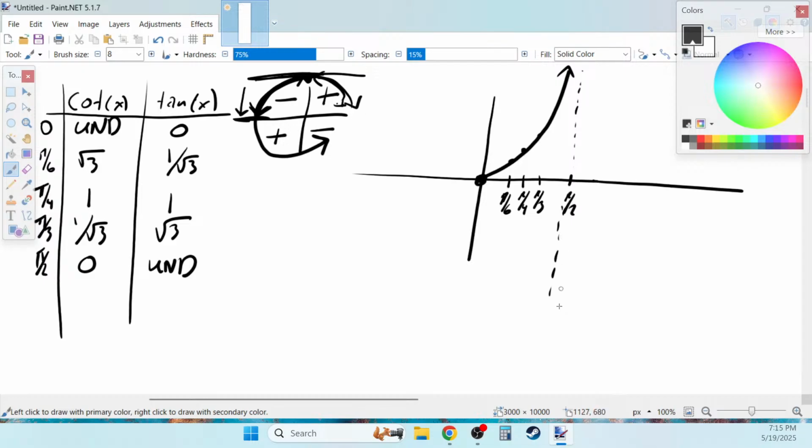So we start off with an asymptote, but we are negative. So we will start from negative infinity. We hit square root of 3, then we hit 1, then we hit 1 over the square root of 3, and then we hit 0 over here.